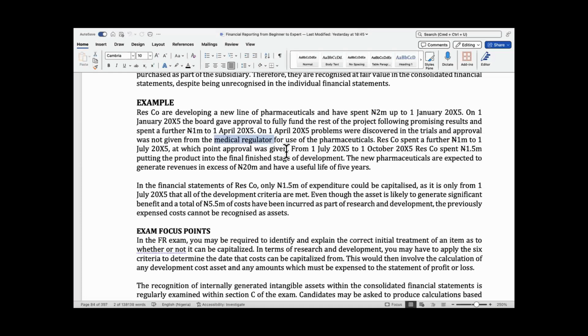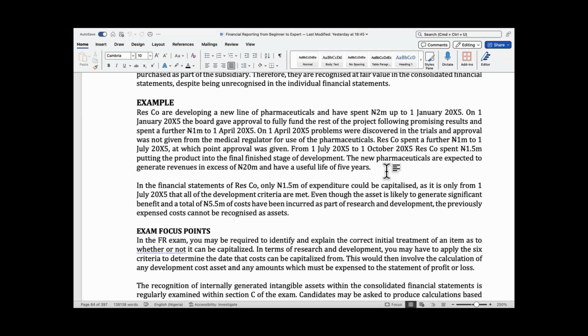So that means even this 1 million they spent to July will be expensed because they only got approval in July. So it is any money they spent after July that will be capitalized because they got regulatory approval in July. So from 1st of July to 1st of October, they now spent 1.5 million, putting the product into the final finished stage of development. So the new pharmaceuticals are expected to generate revenue in excess of 20 million and have a useful life of 5 years. I mean, this is what I'm talking about.